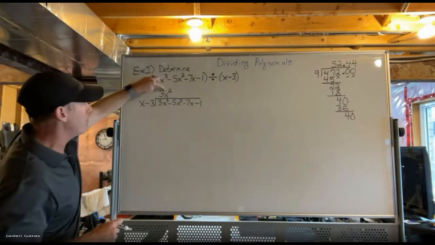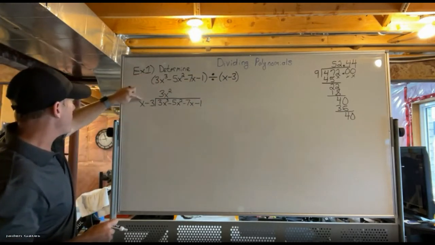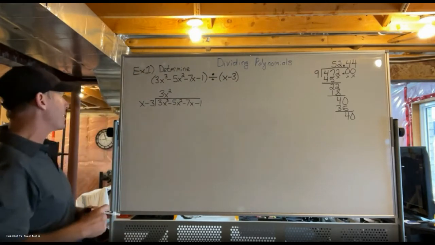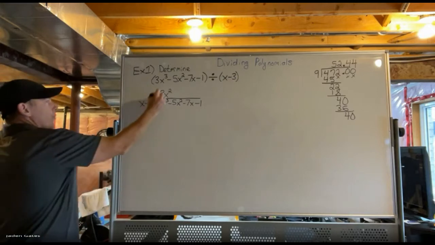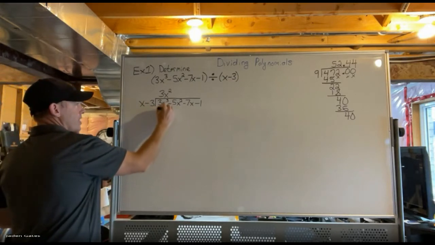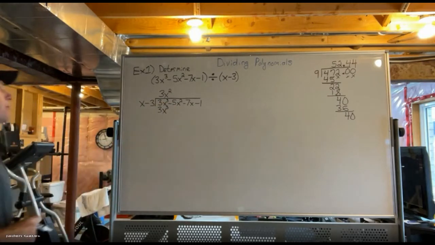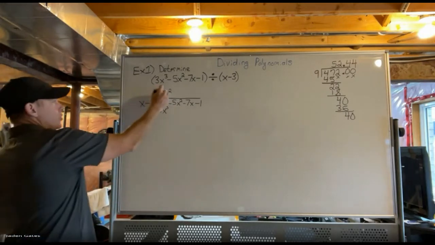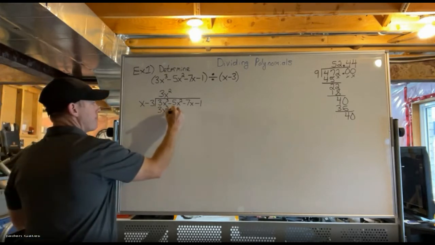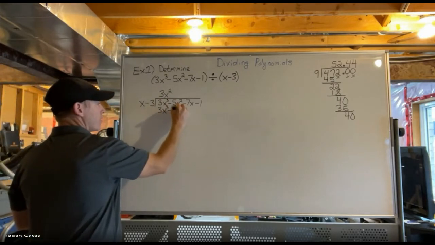I multiply the 3x squared by x, and I'm also going to multiply it by negative 3. 3x squared times x is 3x cubed. Then I take the 3x squared and times it by negative 3, and I get minus 9x squared.